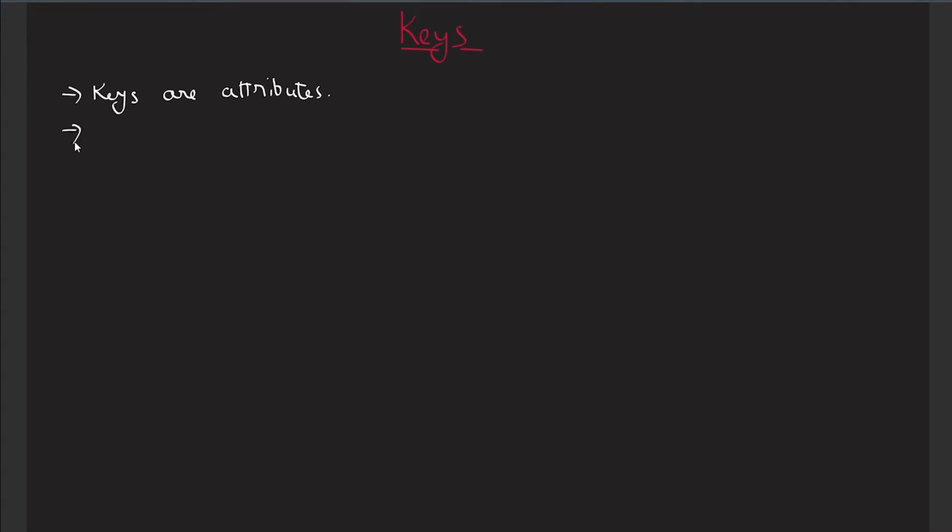So keys are something that helps to uniquely identify the record of the table.